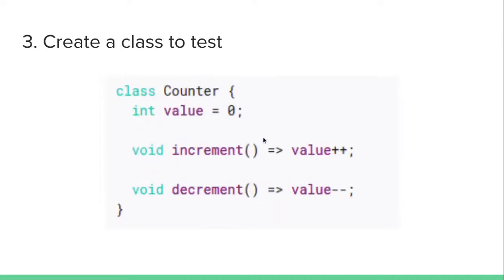The third step is creating a class to test. Next, you need a unit to test, and this unit is this class. I think unit is another name for a function. Yeah, unit is another name for a function. So we need a function, and the two functions we will test are increment and decrement.